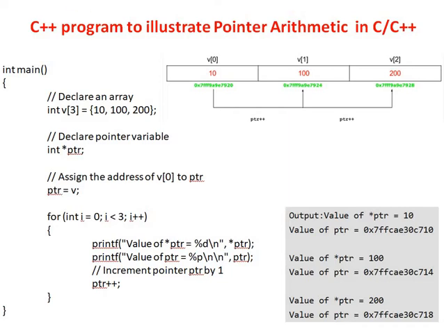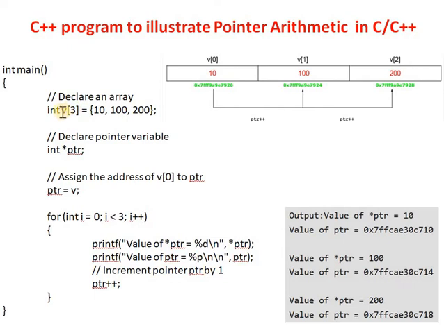See this example. In this example, in the main function, there is one array. How is an array defined in C++? First, we specify the data type. After that, there is the array name. Then here is the array size.